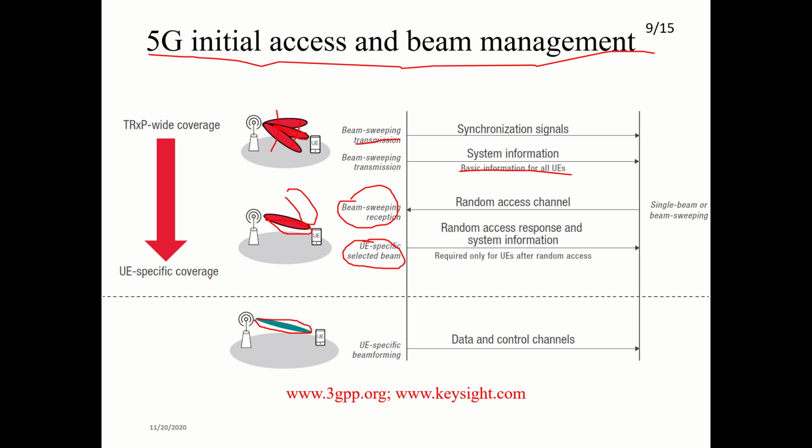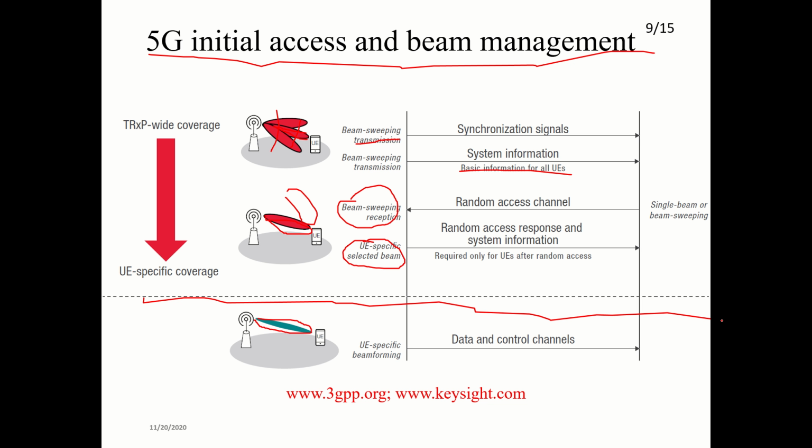This is the procedure you have to do before proceeding to any testing. In other technologies like LTE, there is cell coverage, so one cell covering is fine, but here it is beam coverage. That's why we need to ensure these things in 5G signals.